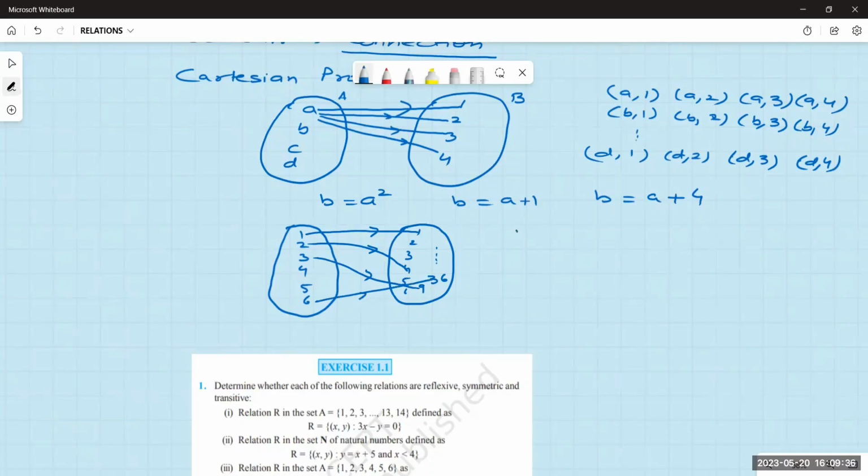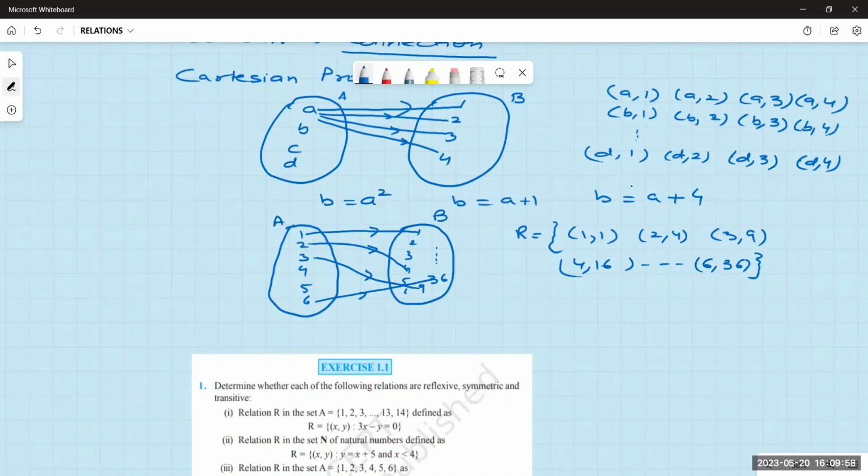Means we have made one relation which is a set (1,1), (2,4), (3,9), (4,16), and so on. Last is (6,36). Right? So we have made one connection of set A to the element of set B.